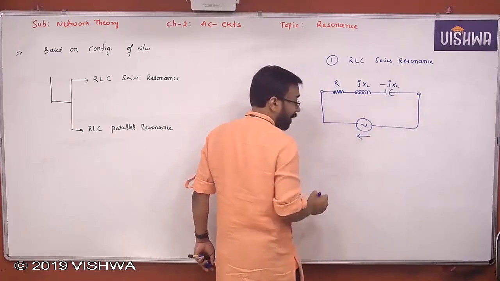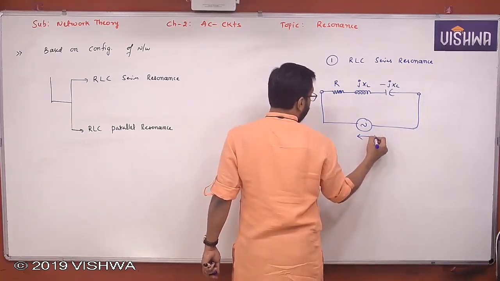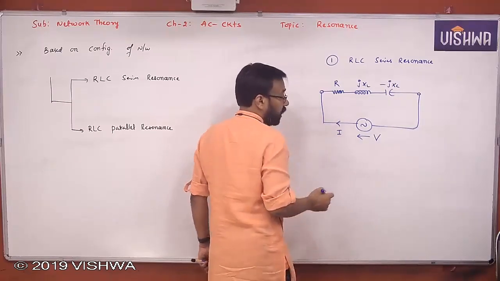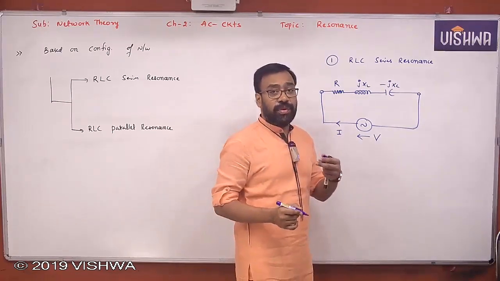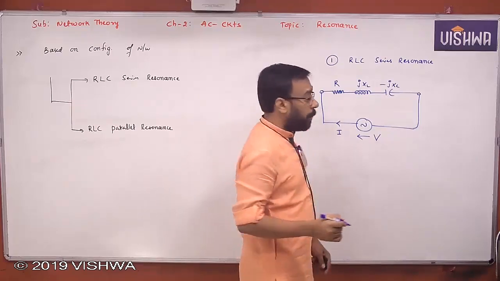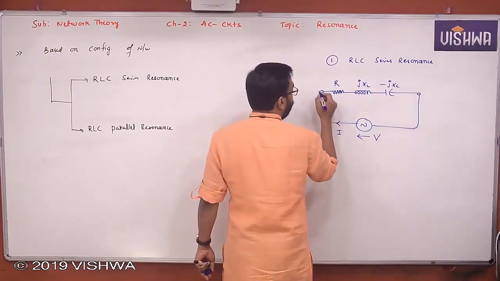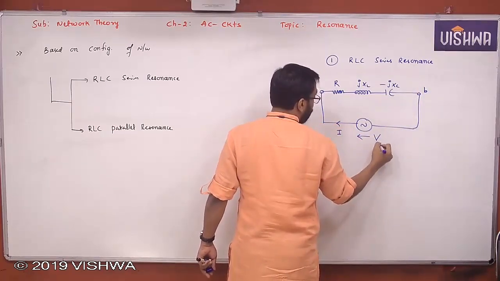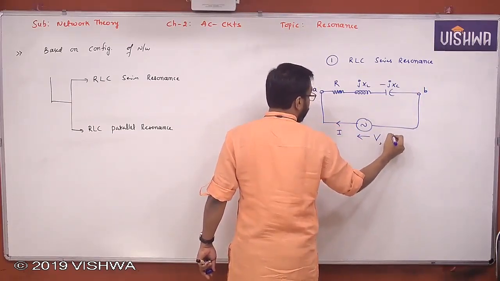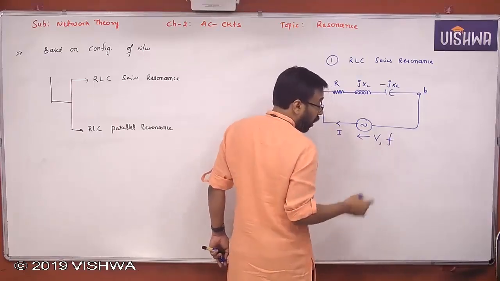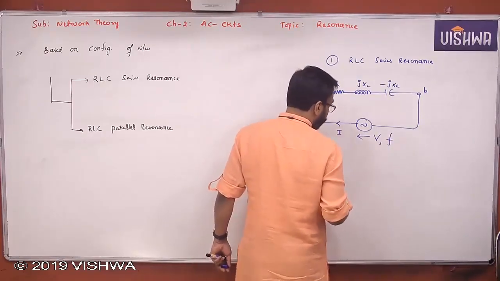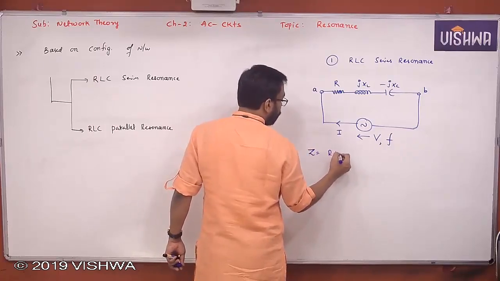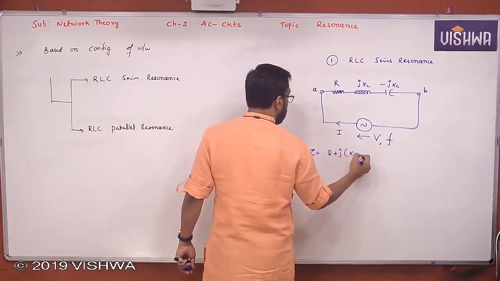If any one of the parameters is varied in such a way that the phase difference between voltage phasor and current phasor is 0. Now this is A, this is B, let us say. The frequency of this source is F in hertz, or omega in radians per second. So Z can be written as what? R plus j(XL minus XC).